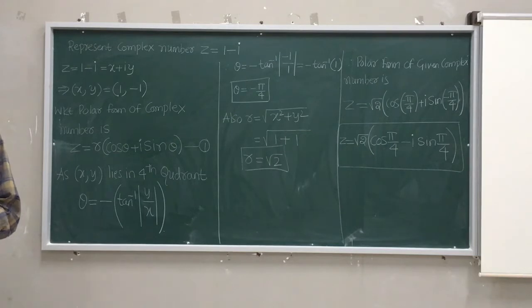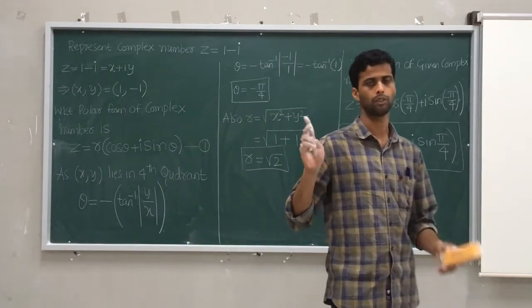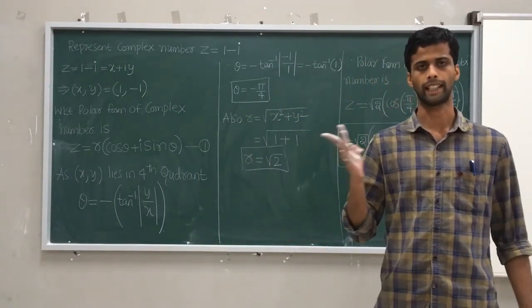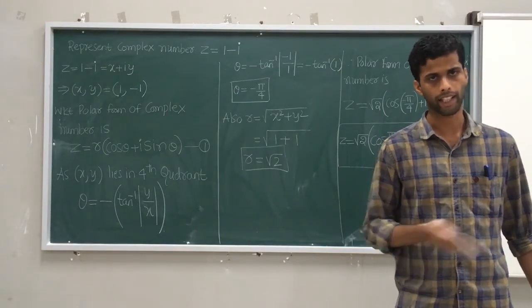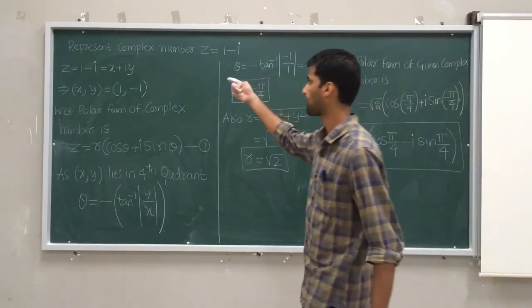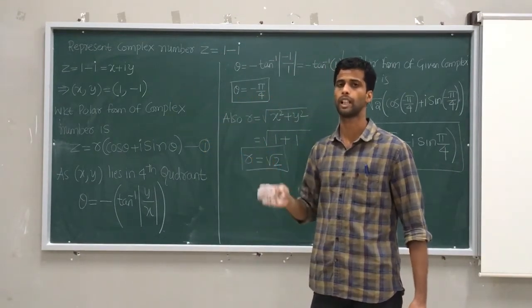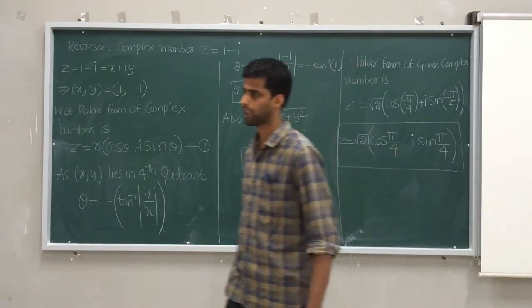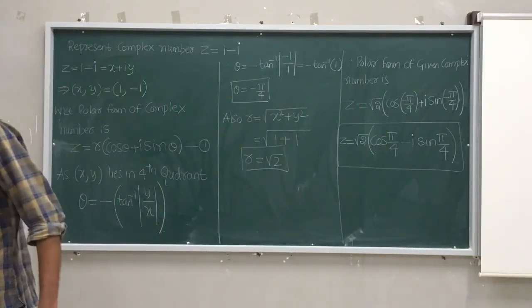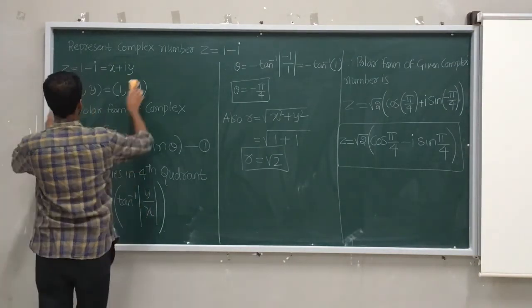I took a first quadrant problem, where both are positive, a second quadrant problem, where x is negative and y is positive, and a fourth quadrant problem. Now we are left with the third quadrant, where both are negative.